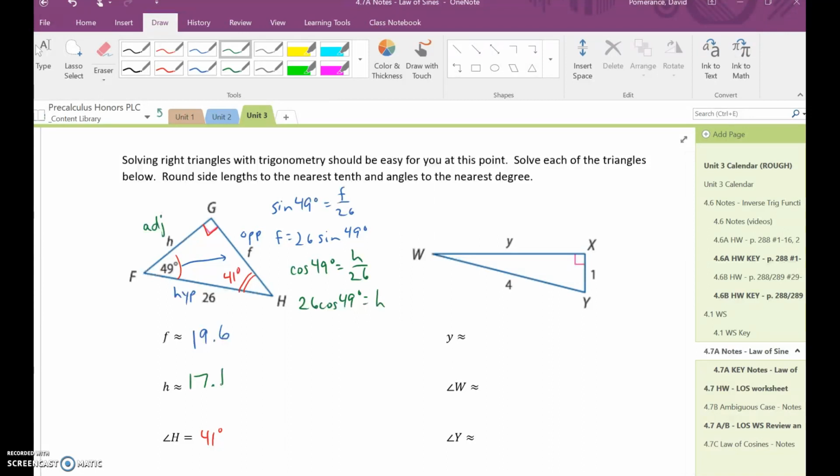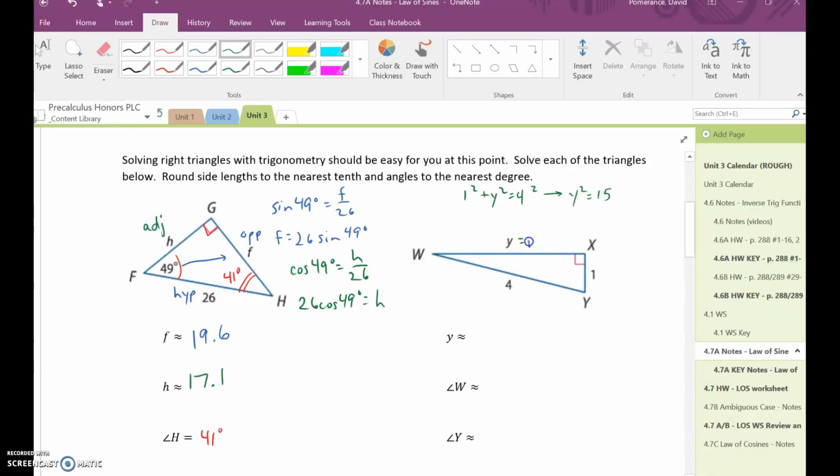The next triangle is kind of the same idea, except we don't have either of the acute angles. So let's start with the one unknown side. We know that 1 squared plus y squared equals 4 squared, or y squared equals 15.